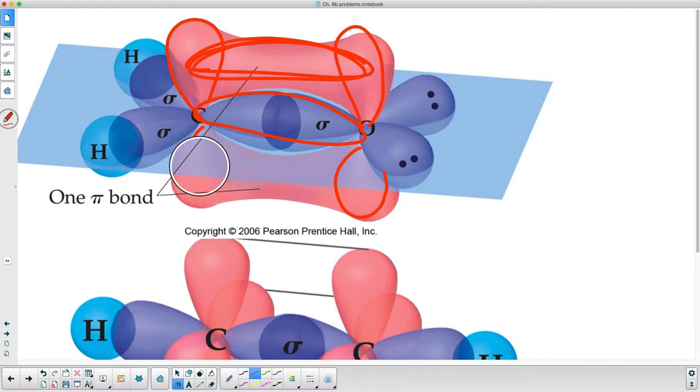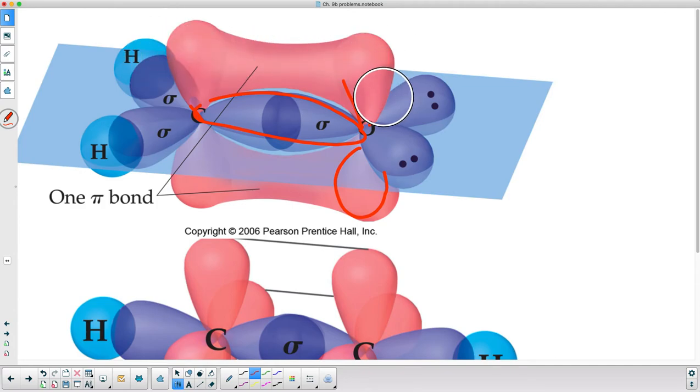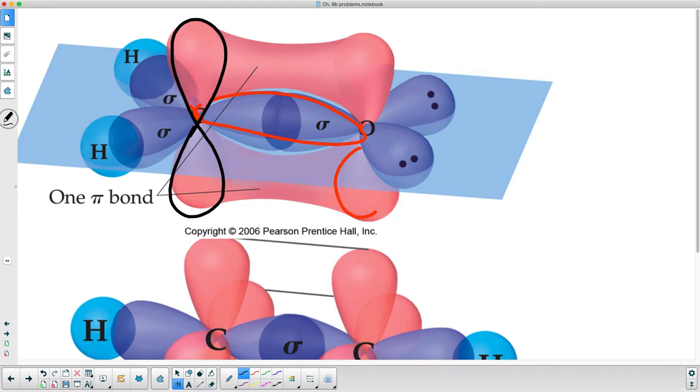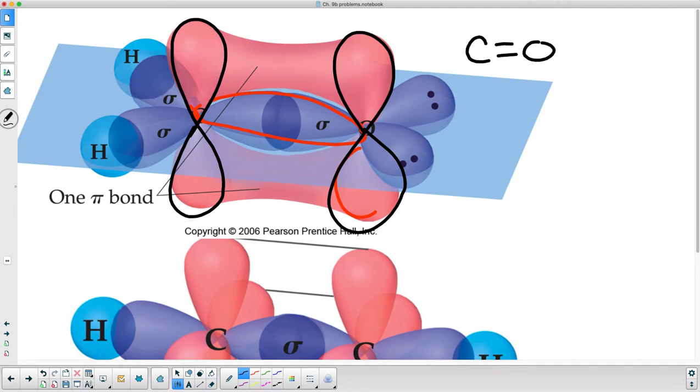Let me show you what I mean, because I'm using only red here, and I should use a different color to show you a dumbbell-shaped p and a dumbbell-shaped p. I know this looks strange, but this is what it looks like. One of them is sigma, and the other one would be pi.